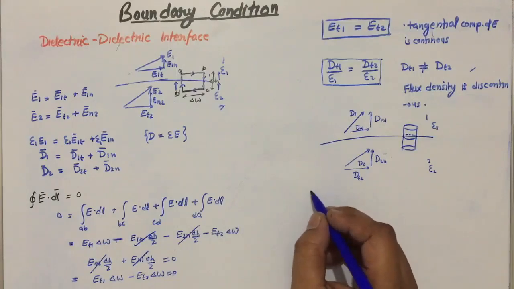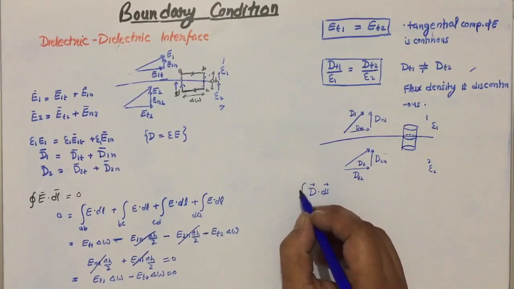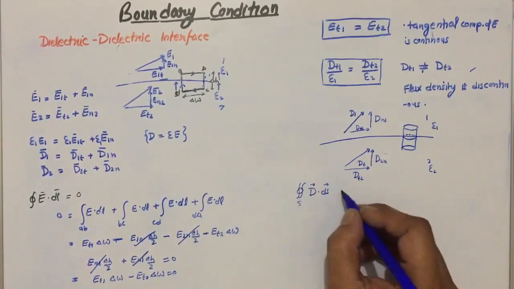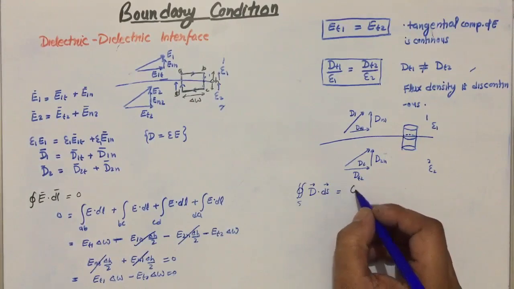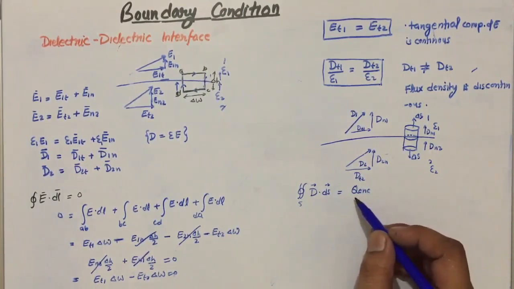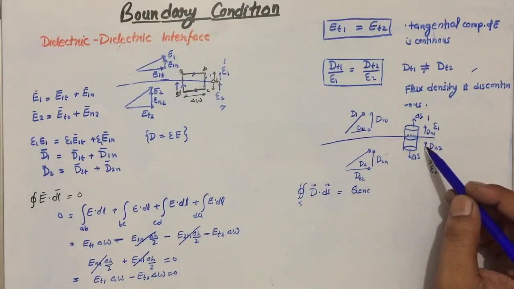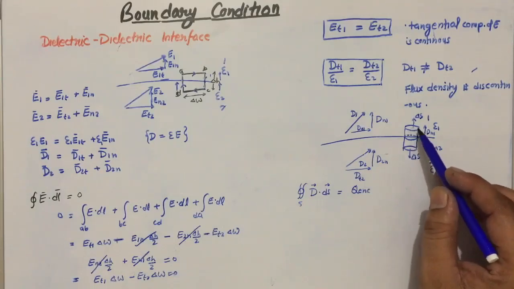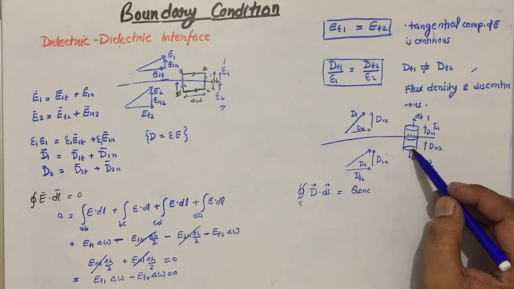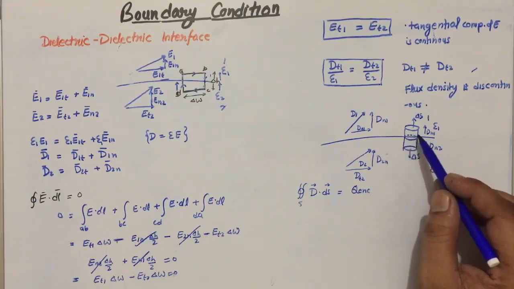If we have this configuration, then according to Gauss law, D dot ds will be equal to the flux enclosed. We have studied this already. For a fully closed surface, D dot ds is the charge enclosed. Here we have one surface, another surface, and the curved surface is the third surface.